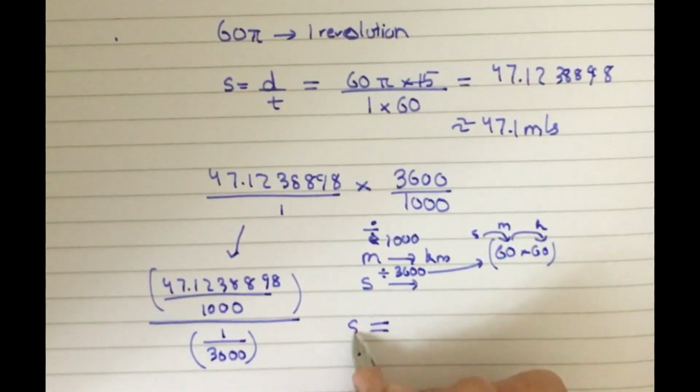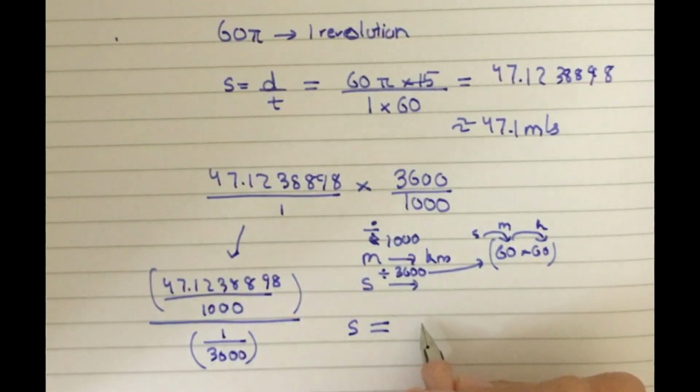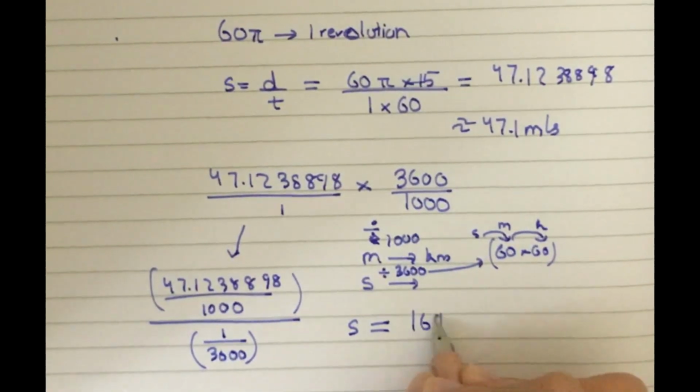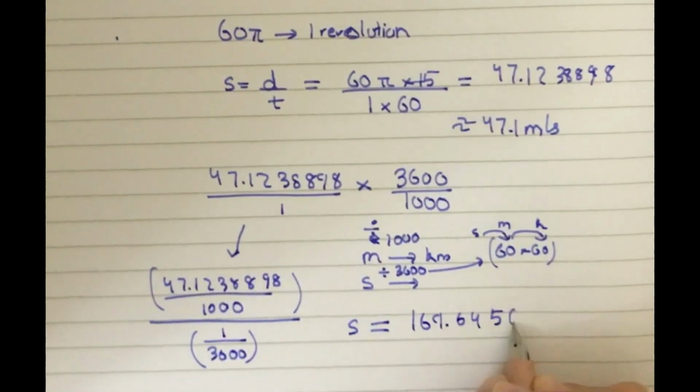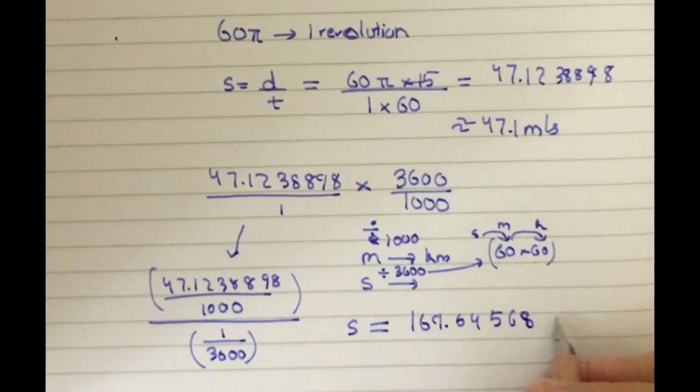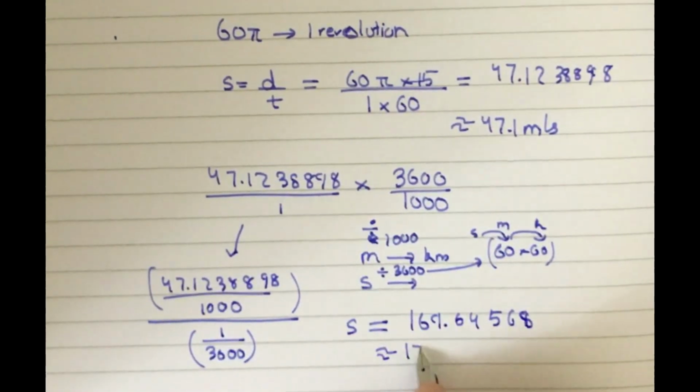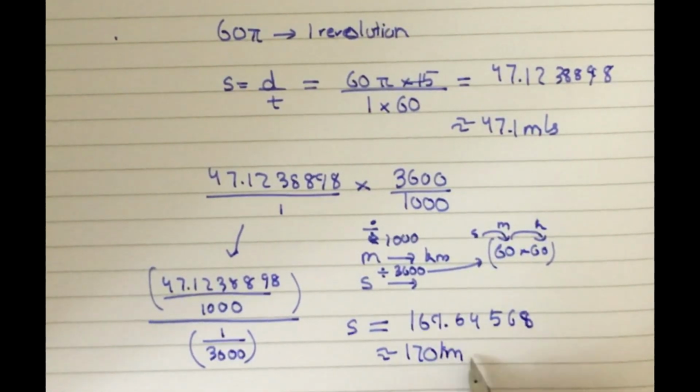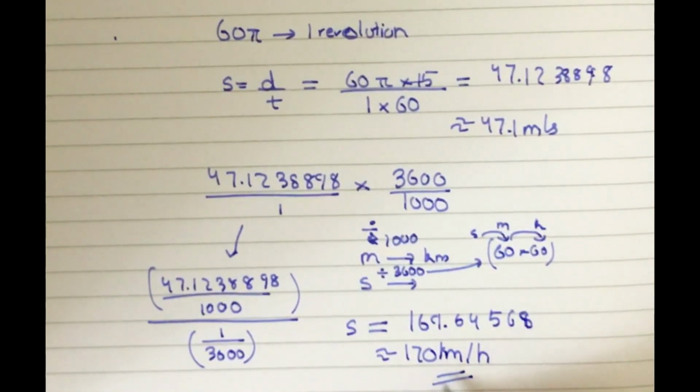So the speed is equal to, for this one, 169.64568 kilometers per hour. And if you round it off, you will get 170 kilometers per hour. So this is your final answer, rounded off to 3 significant figures.